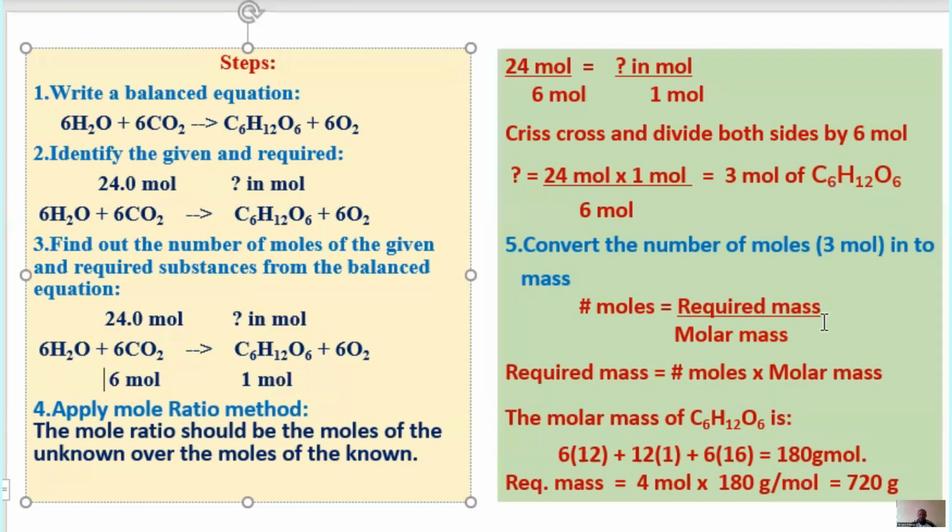When we find the molar mass, you multiply 6 by 12, and you have 12 hydrogen atoms, 12 multiplied by the atomic mass of hydrogen, 1, and you have 6 oxygen atoms in glucose, 6 multiplied by 16. The required mass is 4 mole multiplied by 180 gram per mole. This gives what? 720 gram.